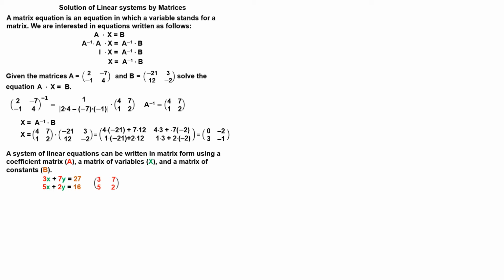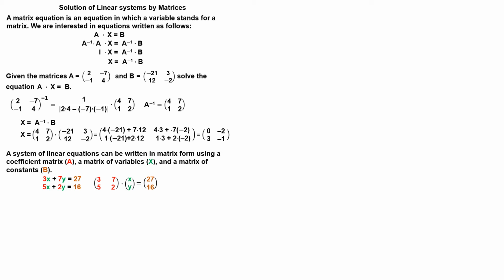The variables we have are X and Y. So we can write the variables matrix as a 2x1 column matrix. On the right side of the equality, we have the constant terms of the equations, 27 and 16. The two numbers in that order correspond to the first and second equations, and therefore take the places at the first and the second rows in the constant matrix. So the matrix becomes a 2x1 matrix.